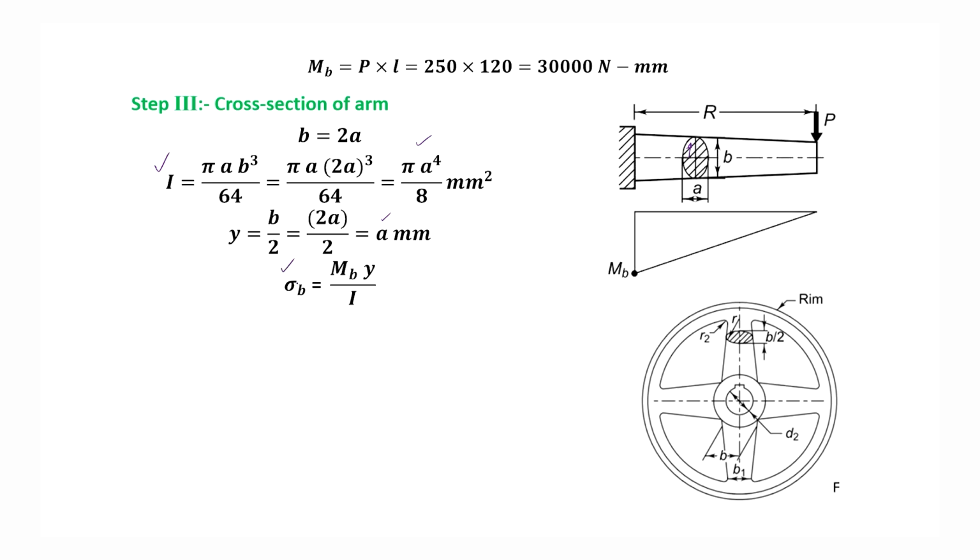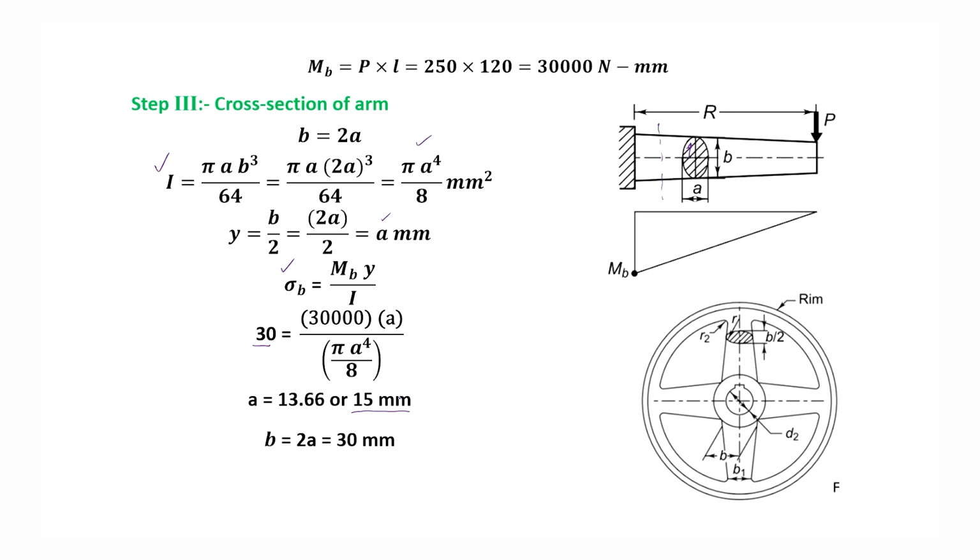The bending equation is M divided by I equals sigma divided by y, where M is the bending moment which acts at that section. The allowable bending stress is 30. Substituting MB, y equal to a, and I in terms of a, we will get the value of a, and a is 13.66, or rounding off, we took it as 15 mm. And so the B at section XX is equal to 30 mm.